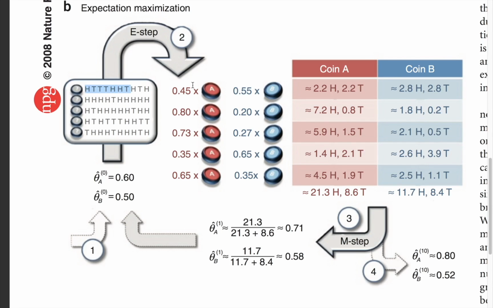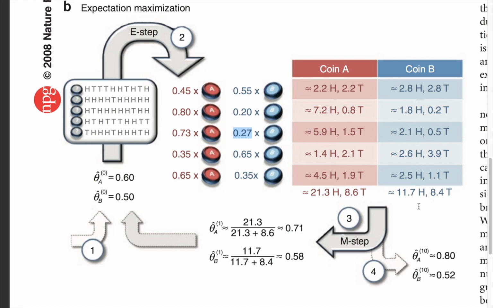So he multiplied 5 heads by 0.45, which is the probability that coin A has been used, and he came up with 2.2 heads and 2.2 tails, because it's also 5 tails, multiplied by the same quantity, 0.45. For this one here, we have 9 heads. He multiplied 9 heads by 0.8 to get this number, 7.2. And he also multiplied 1 tail by 0.8 to get this number, 0.8. He did the same thing for coin B, but multiplying with the probabilities of using coin B.